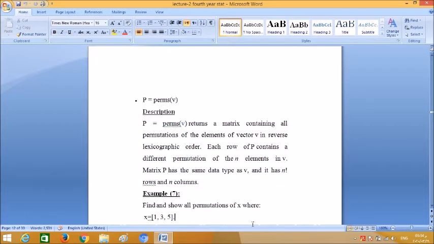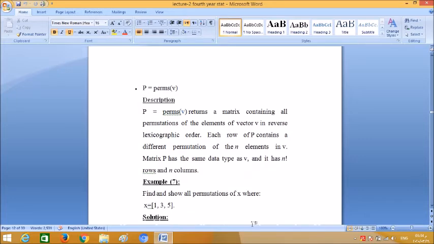For example, find and show all permutations of x where x equal 1, 3, 5. Here we want to get all permutations. We have 3 items or 3 objects.